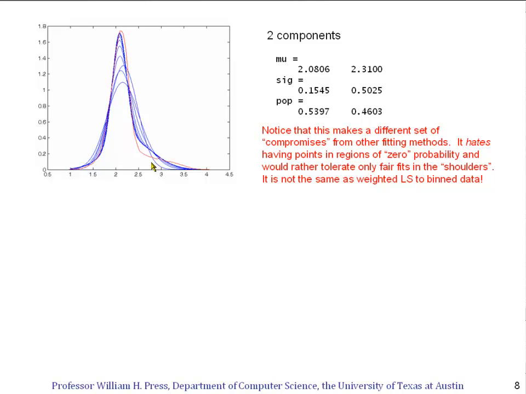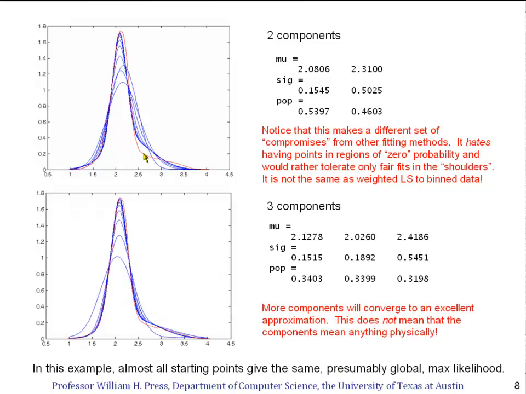And a Gaussian mixture model just hates to miss in those tails because it's going to miss them by orders of magnitude in likelihood, whereas here, if it accepts this rather bad compromise, it's missing by only some fraction of 1 in likelihood. Okay, so that's not a good property of Gaussian mixture models. It's something you should be aware of.